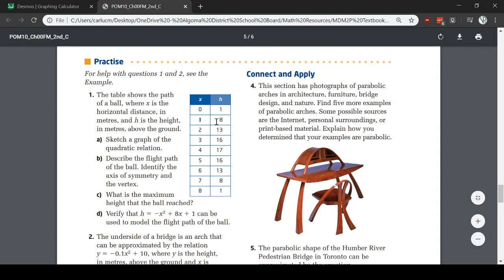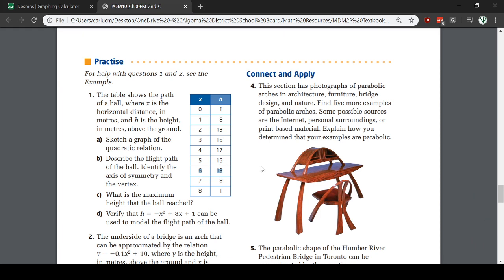We have 1 and 8, 7 and 8, 2 and 13, 6 and 13. So parabolas will have this. We might not always have all those points listed out for us, but there'll always be a mirrored point in the equation of a parabola. So in this case here, all these points are mirrored. So I can kind of use that to roughly estimate without drawing every single point down here.